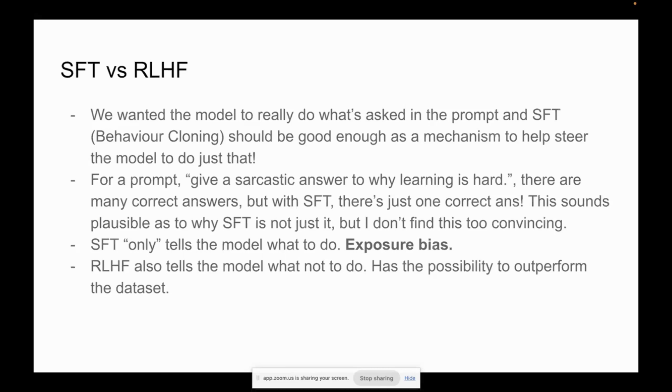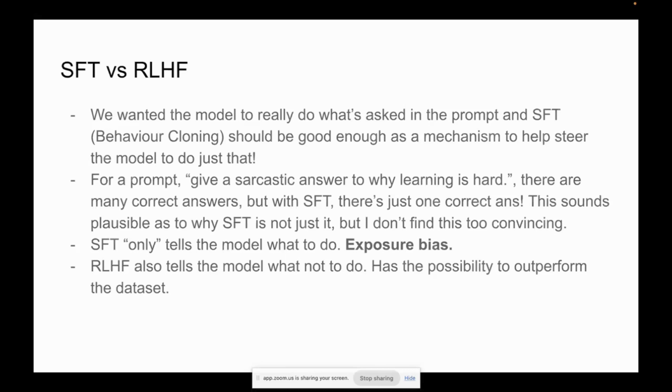A related point is exposure bias. When we are just doing supervised fine tuning on top of our pre-trained model, we are giving it all the good things, right? We're just teaching it what it has to do. But in practice, when we deploy such a system, it might come across something that it did not have to do, but that was never addressed in the SFT pipeline.